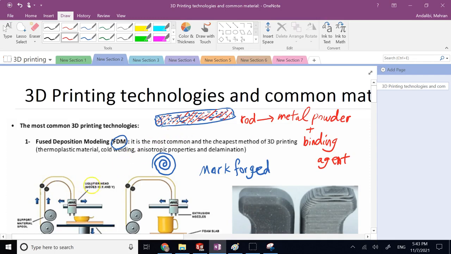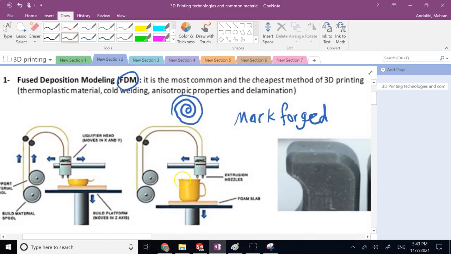And when they go into the machine, then the machine uses the FDM technology and deposits these layers of powder and binding agents next to each other on a layer, and then go up, up, up.